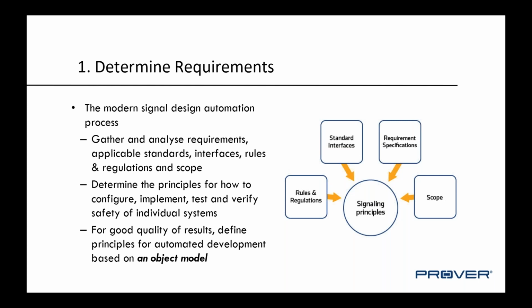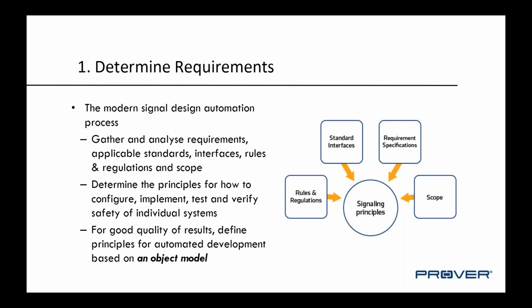You need to gather and analyze all the requirements you have, speak to the users, look at the interfaces, rules and regulations, and so on. And then you need to document this so that you have some idea of what to implement. And you need to find the principles for how to configure, implement, test, and verify each individual system.